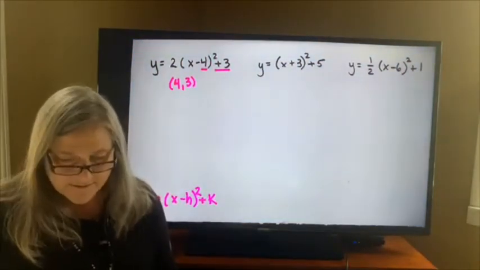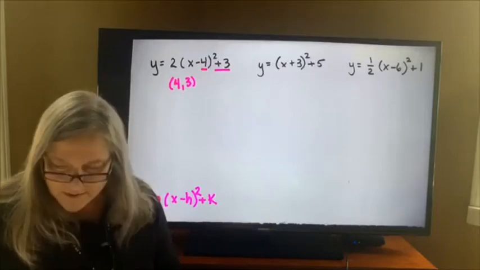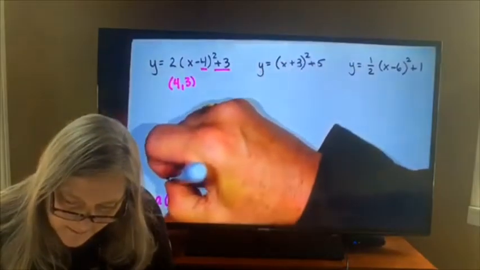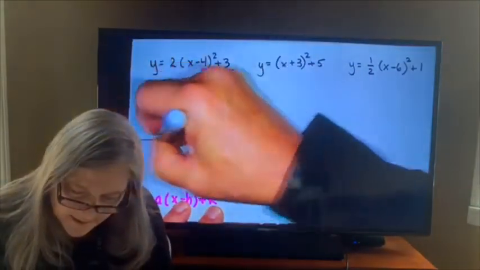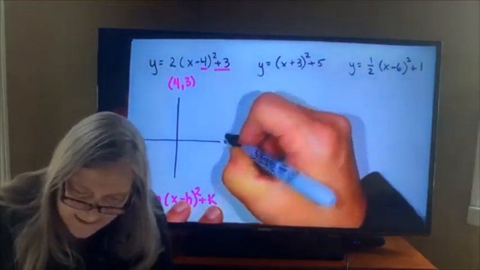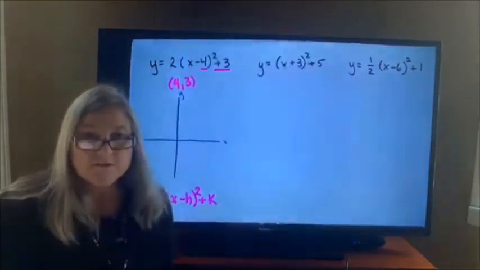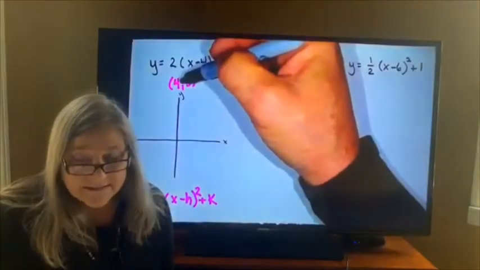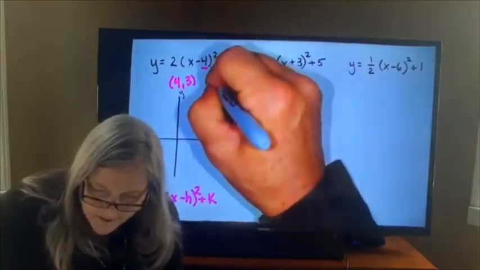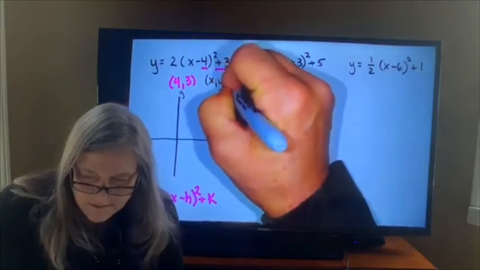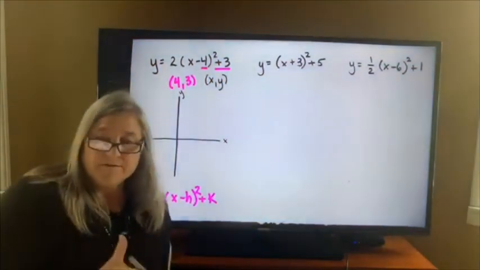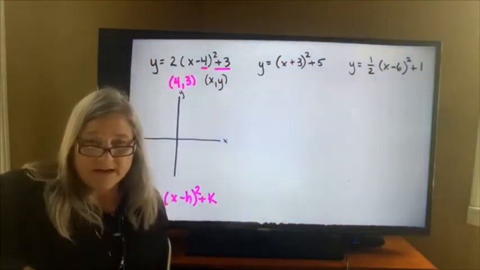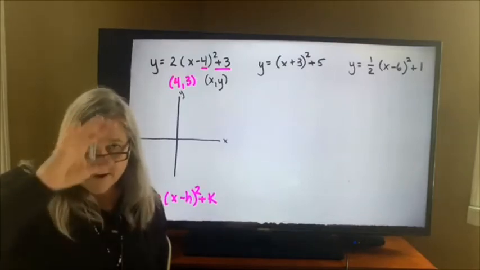Now, let's graph it. So, what are we going to need to know? I'm going to put my coordinate plane here. So this is the x-axis, remember, and this is the y-axis. So when we have a coordinate point like this, it's in the form of x, y. So that means we're going to go left or right first, and then up or down, depending on x and y.